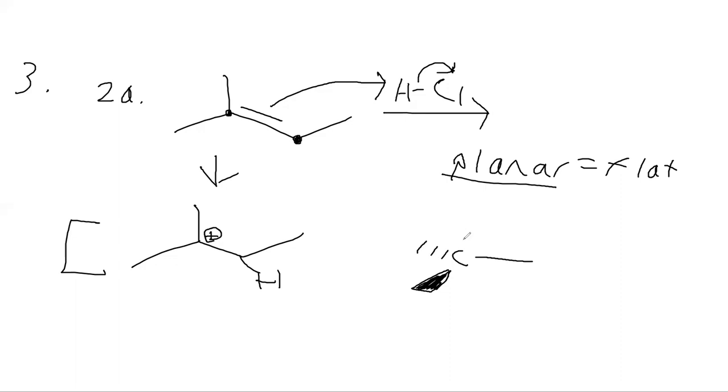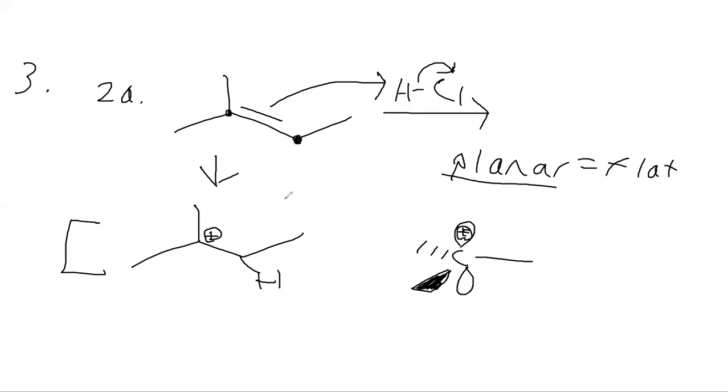And then this is the empty p orbital for the sp2 carbon. It's empty because there's a positive charge. So the p orbital is both above and below the carbon.